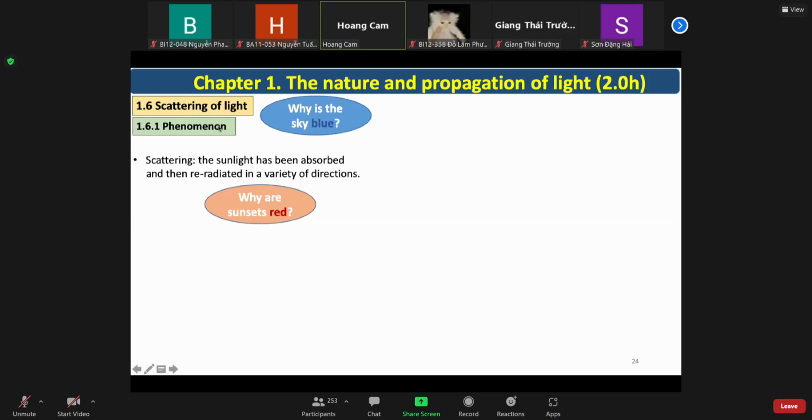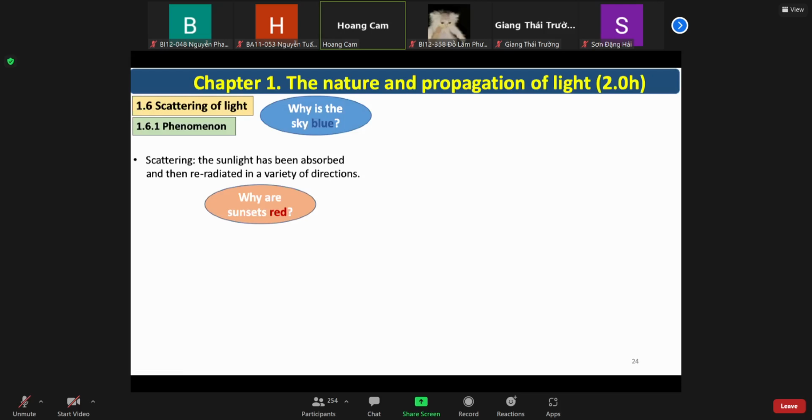So scattering, I can explain it like this. Imagine you are in space and there is no atmosphere. In that case, we see only dark color. So the molecules are very important in order to observe colors surrounding Earth.